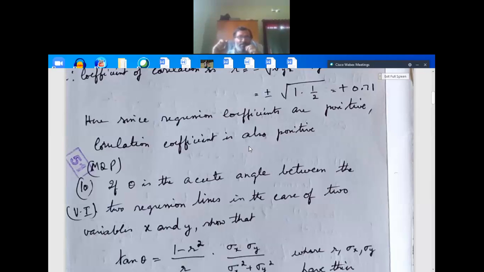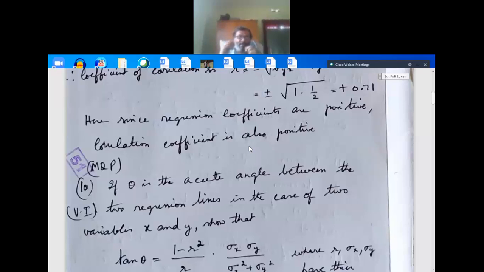That is, when we solve the two equations of the regression lines, we get the point of intersection, and that point of intersection is only mean of x and mean of y.